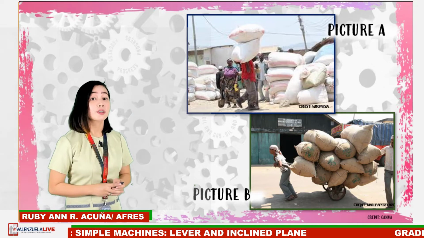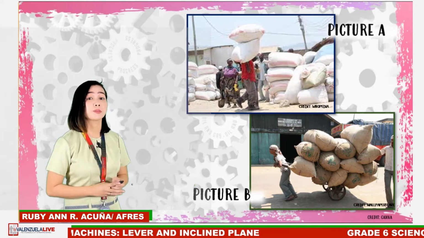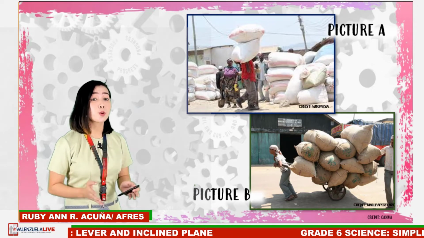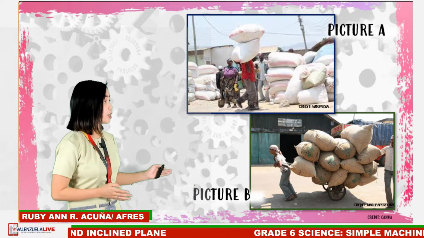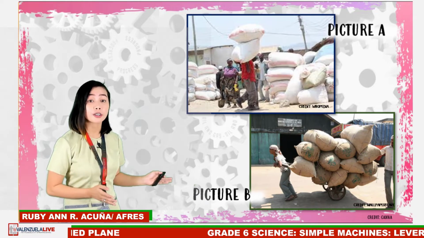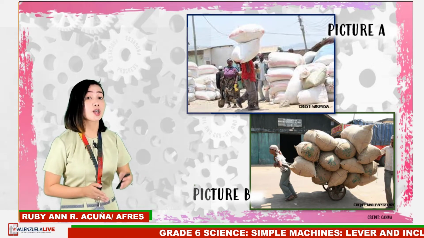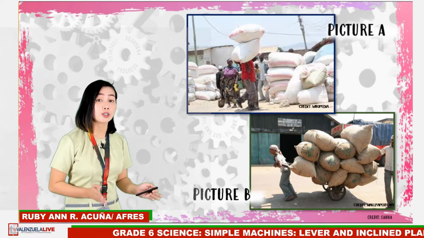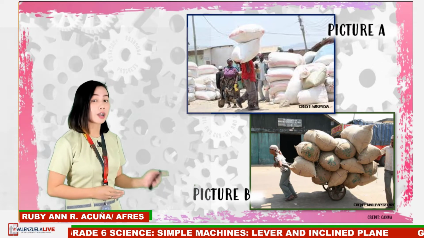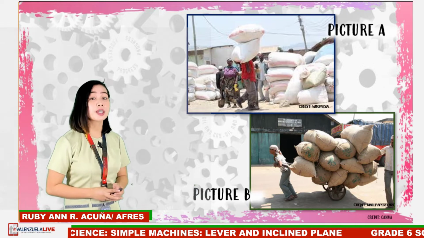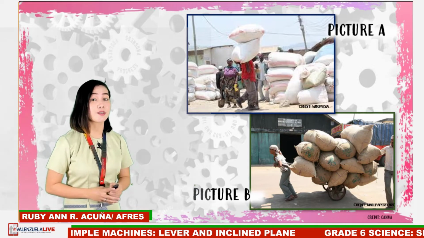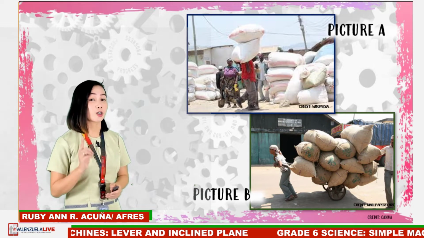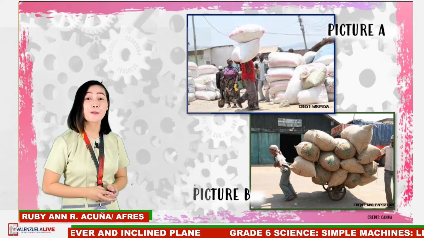They are both transferring the sacks. But as we can observe, the man in picture B is using a cart to carry the sacks and transfer it from one place to another. The cart helps him to make his work easier and faster. And the cart is a simple machine.